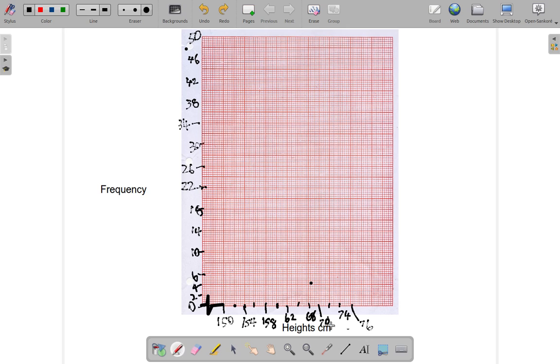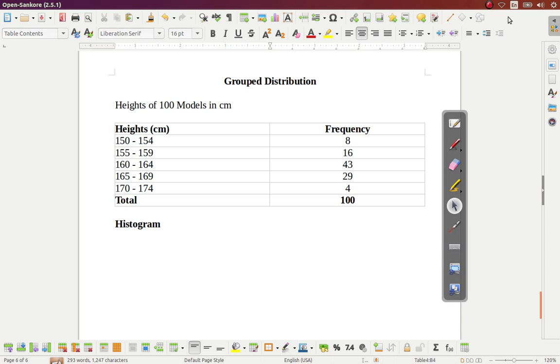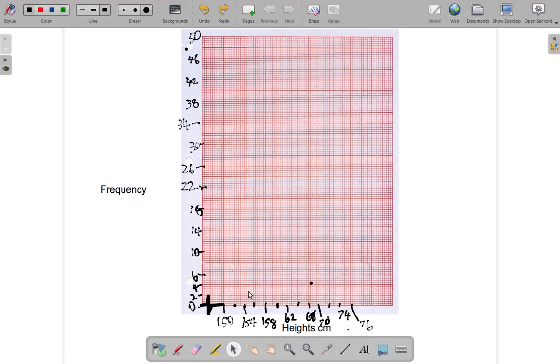Okay, so now looking back at the table, the 150 to 154 goes up to a frequency of 8. Now, you wouldn't start exactly at 150, you start just to the left of 150. We're going to see why in a while. And it goes up to 8. This is 6, this is 8.